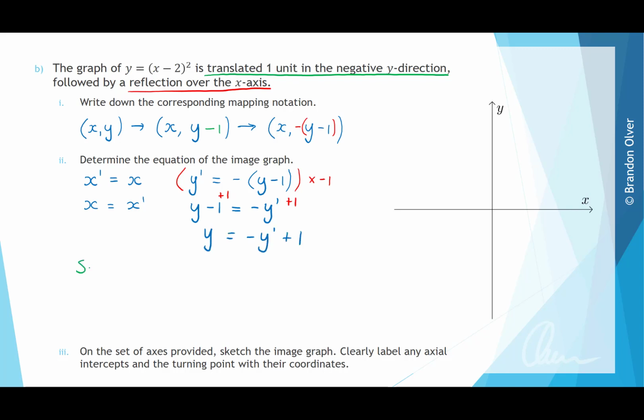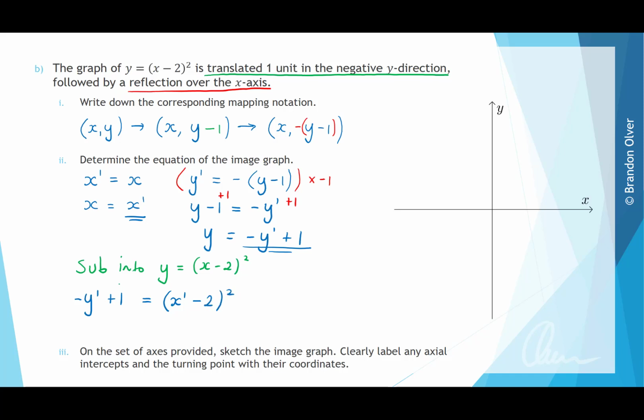We use these results and we substitute them into our original graph, which was y = (x - 2)². So wherever there's a y, I replace it with this part here. So I'm going to have -y' + 1 equals, and on the right hand side, wherever there's an x, I replace it with x', which comes from up here. So it's going to be (x' - 2)².